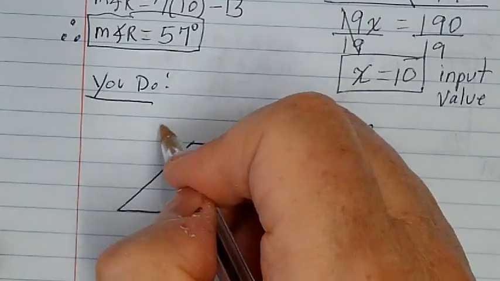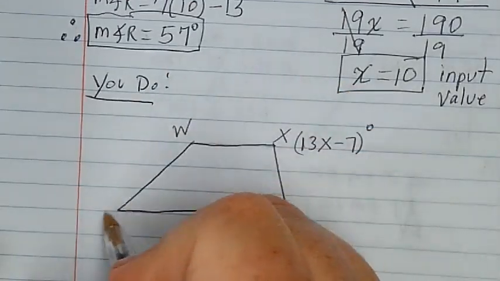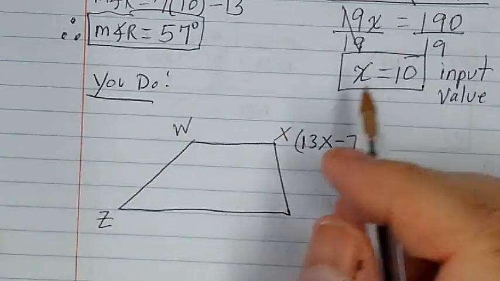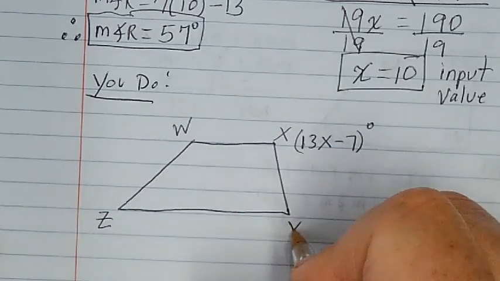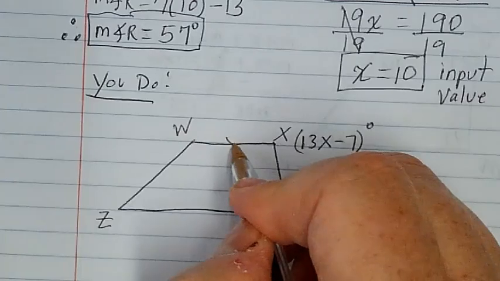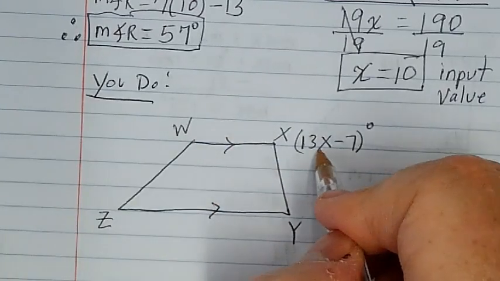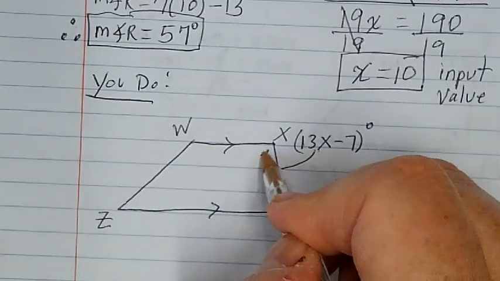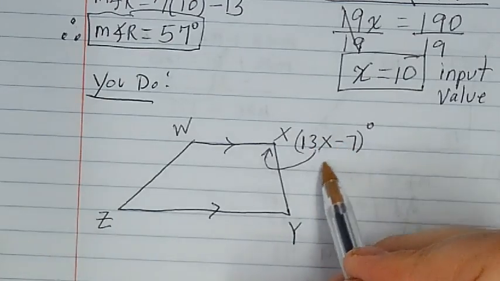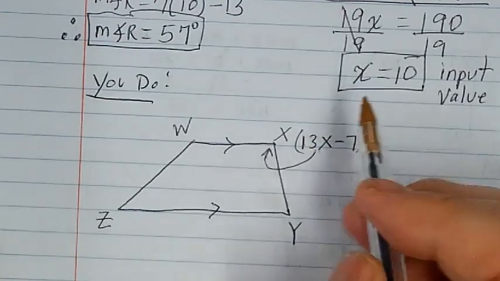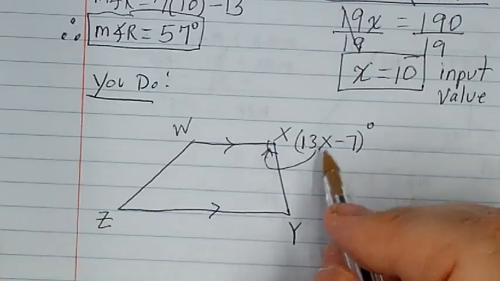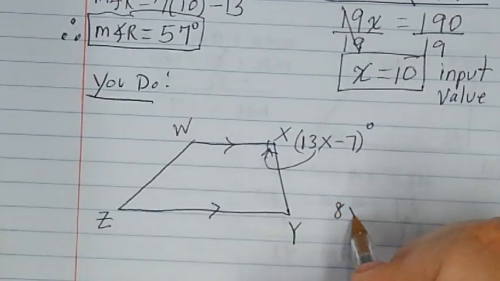I don't want to make any mistakes. Notice I put 13x minus 7 and I put the arrow. That means that this angle is 13x minus 7. Also, if I put 8x minus 2 and I put the degrees and I put an arrow pointing here, that means that this angle is that.